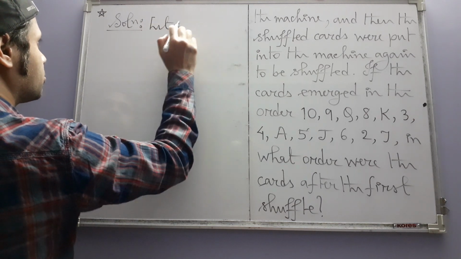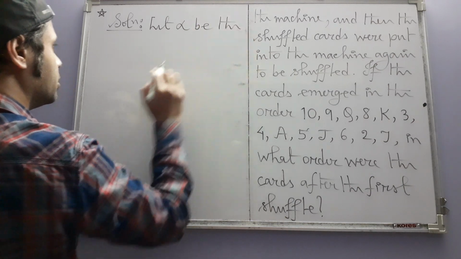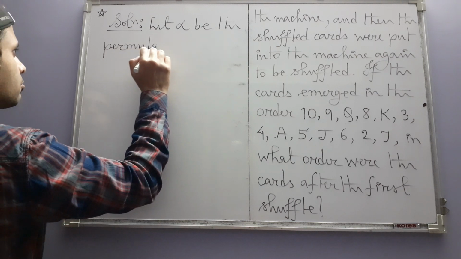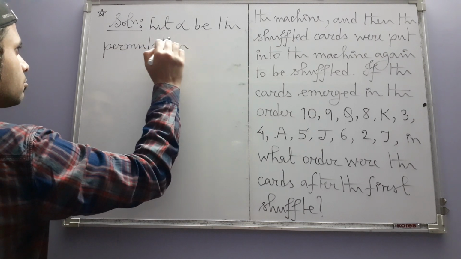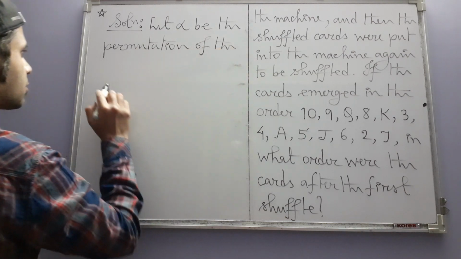Let alpha be the permutation of the cards.